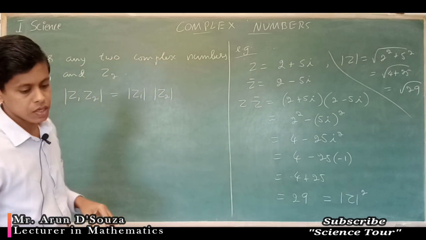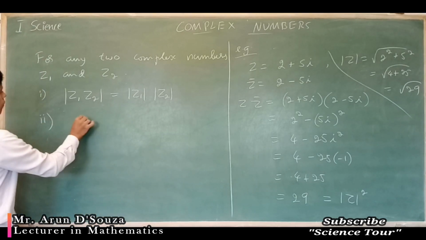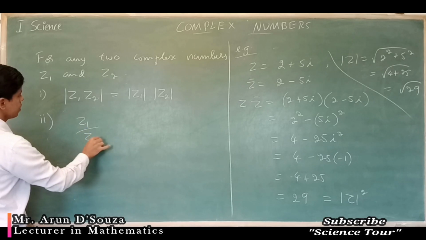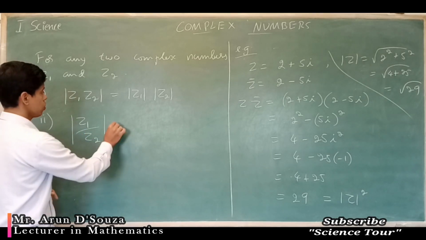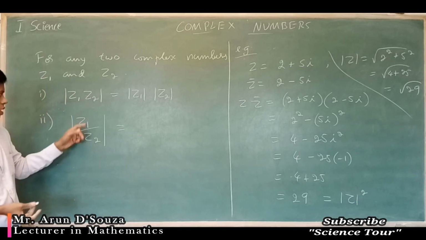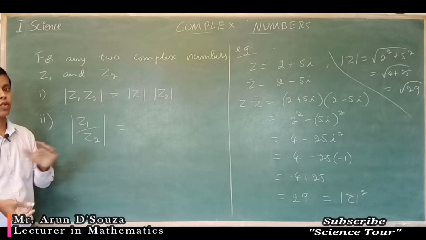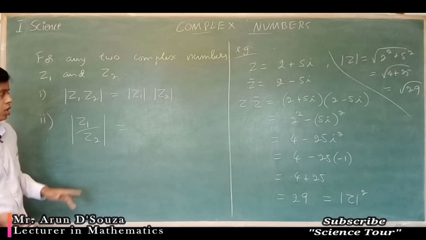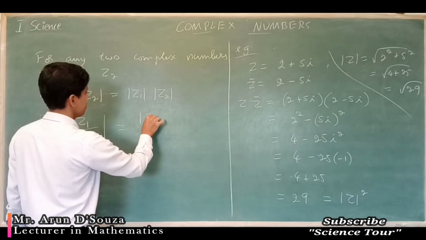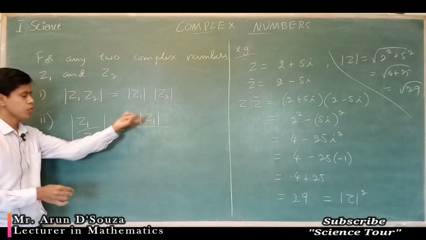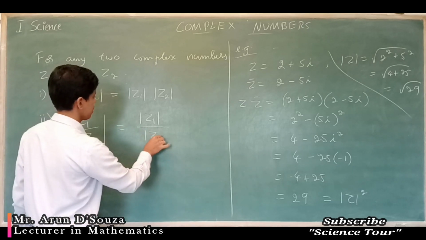Well, so next formula is if you have Z1 divided by Z2 and you have to find its modulus. So in this case also, division is difficult, you have to do rationalization when dividing complex numbers, right. So instead of that, what you can do is you can find the modulus of the numerator and modulus of the denominator separately.